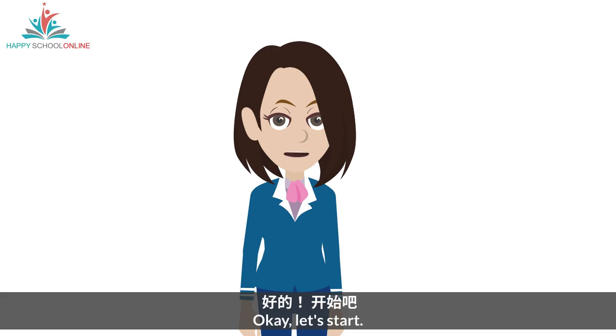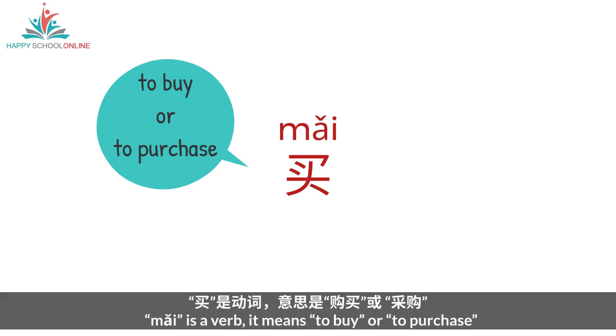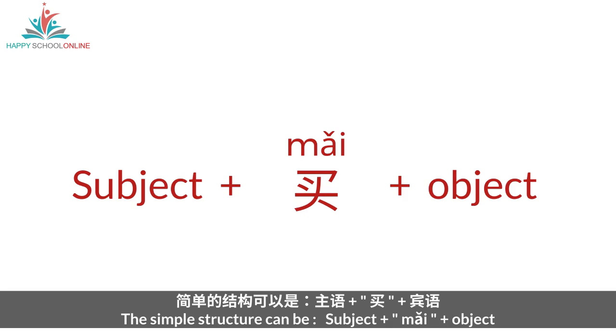Okay, let's start. 买 is a verb. It means to buy or to purchase. The simple structure can be subject plus 买 plus object.